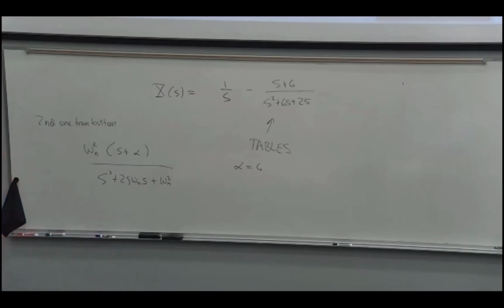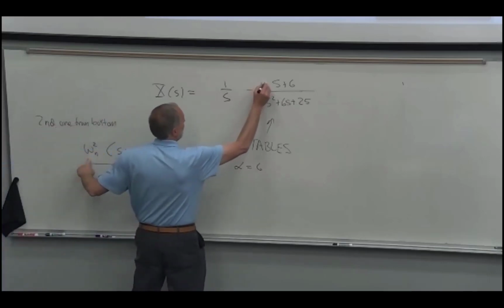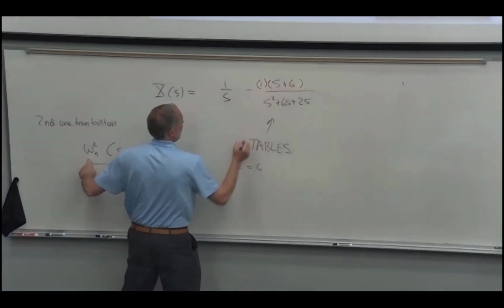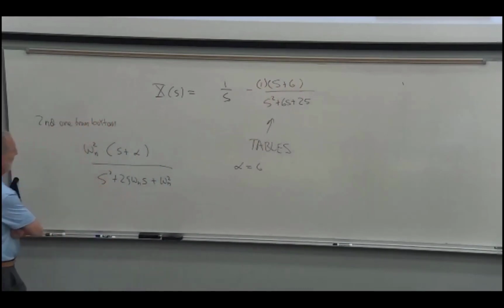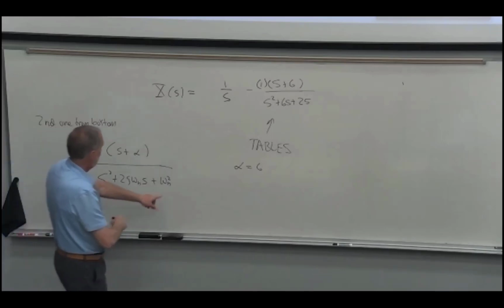Because that's the next one that's usually easy to get, because omega n squared is there and 25 is there. But how about the thing that multiplies up here? Seems like we're stuck. Omega n squared is 25, but it's also 1. Well, let's try 25.